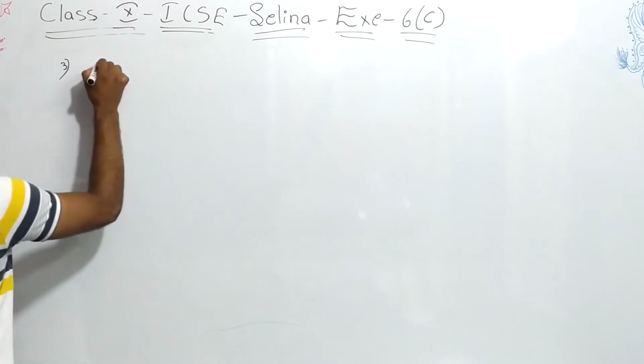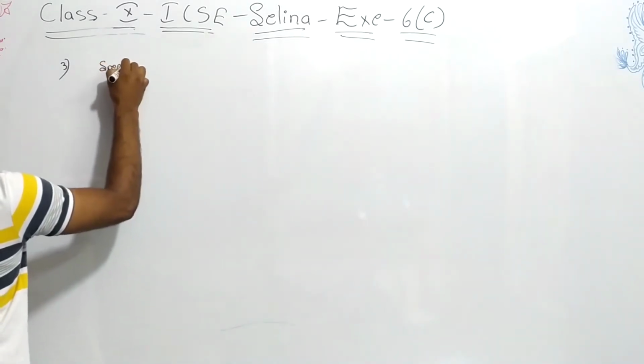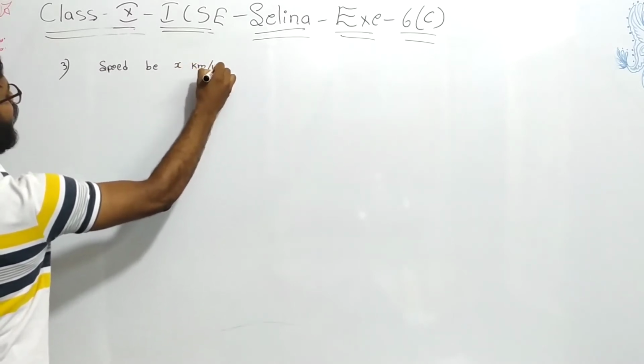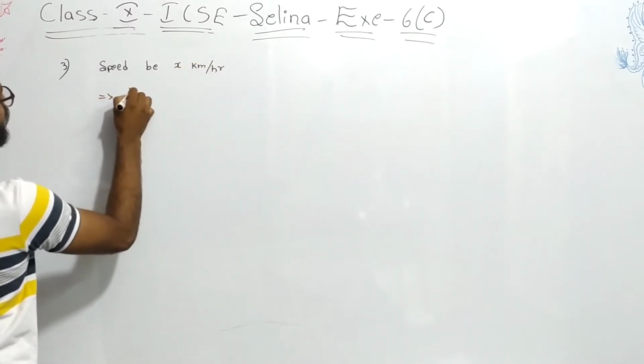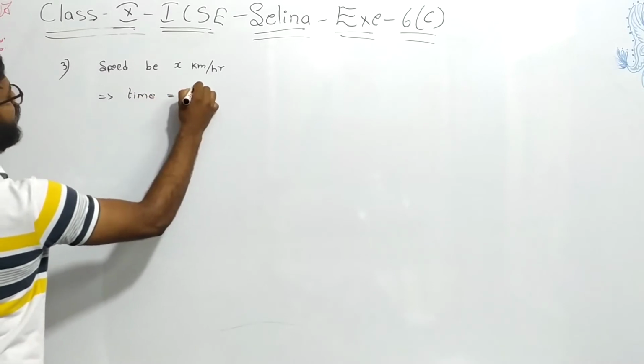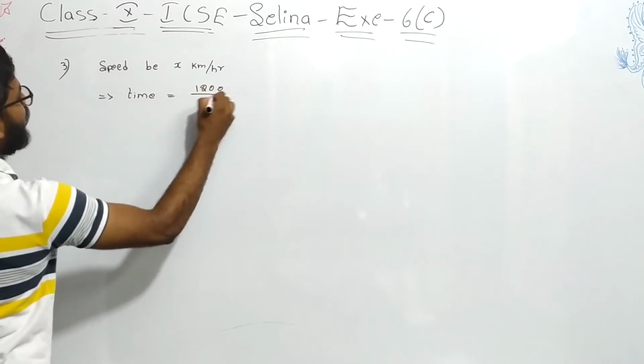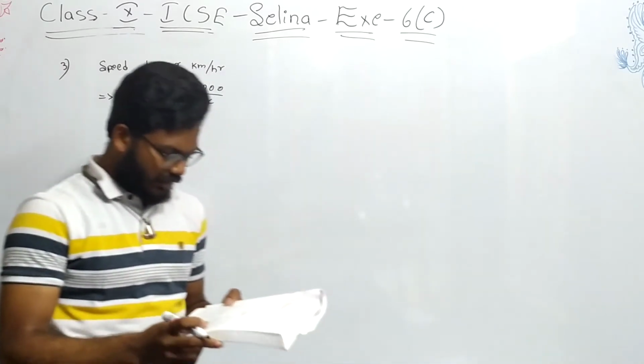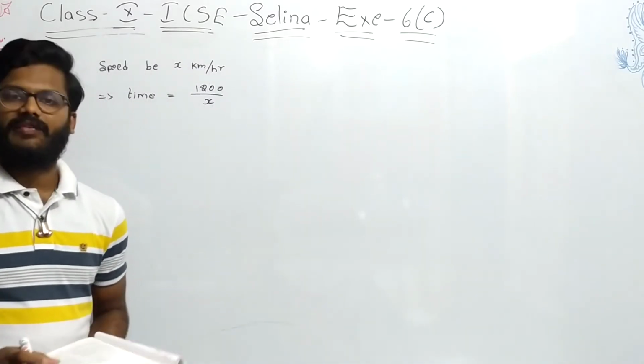So let the normal speed be x kilometer per hour. That implies time is equal to how much? Total distance is 1200 by x. They give distance as 1200 kilometers.